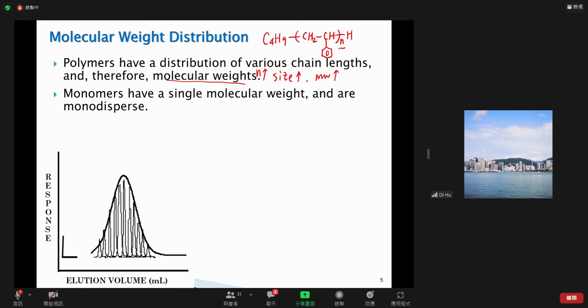Depending on the n number, the polymer has different molecular weights. How about the monomer? The monomer just has one single molecular weight, so it is monodispersed. Not so the polymer.